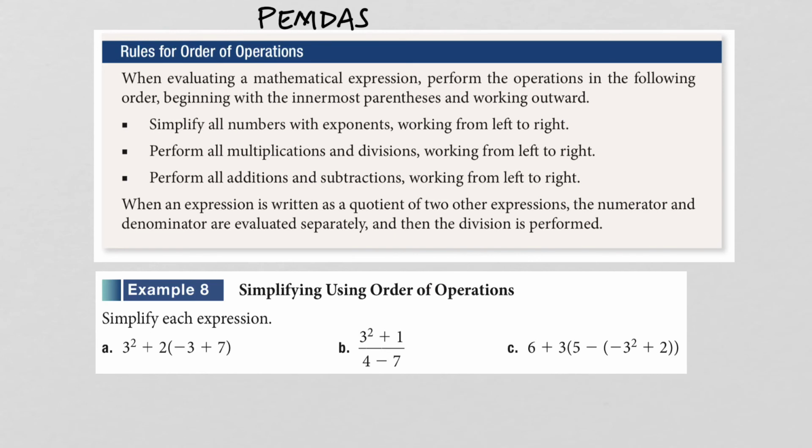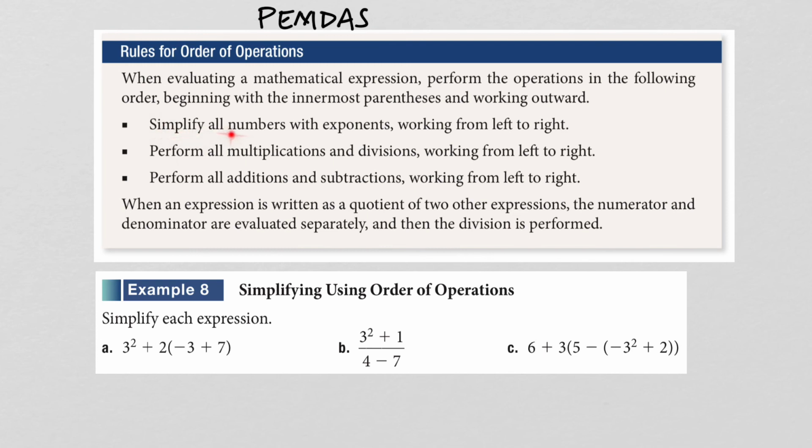Next, we talk about order of operations, otherwise known as PEMDAS. So when evaluating a mathematical expression, we need to know what thing to do first, what to do next, etc. So we're going to perform the operations in the following order, beginning with the innermost parentheses and working outward. So you always start with parentheses, that's what the P stands for.